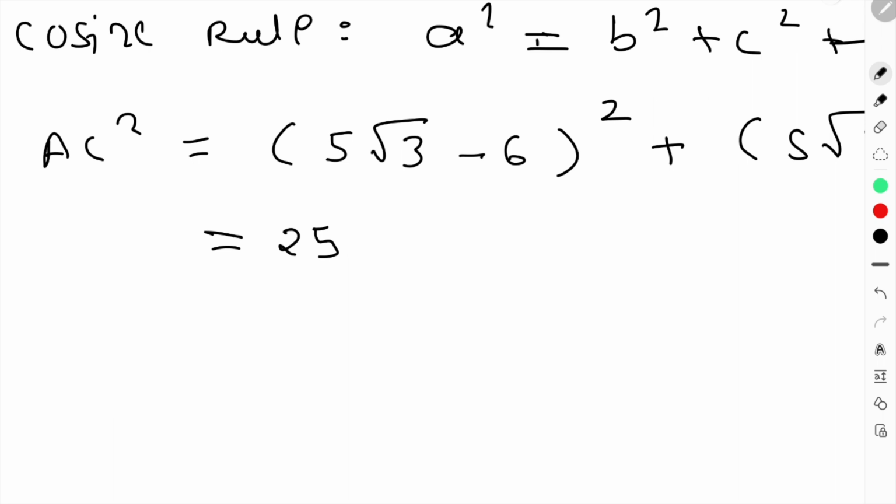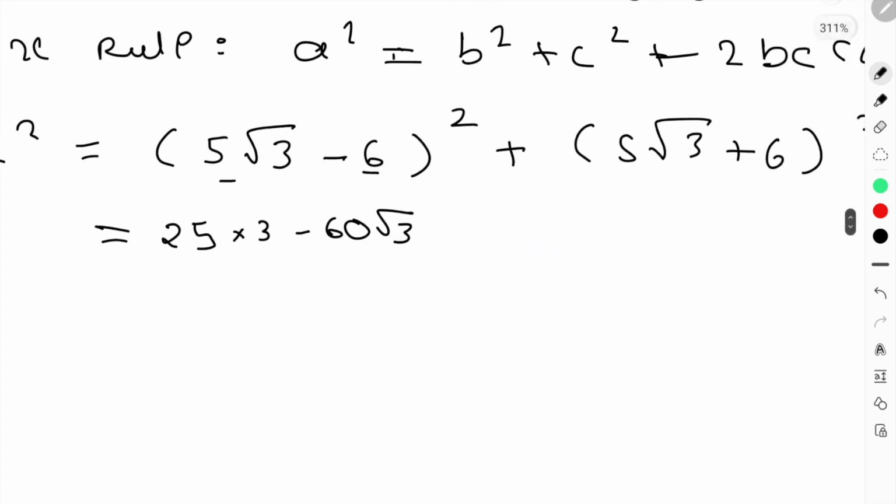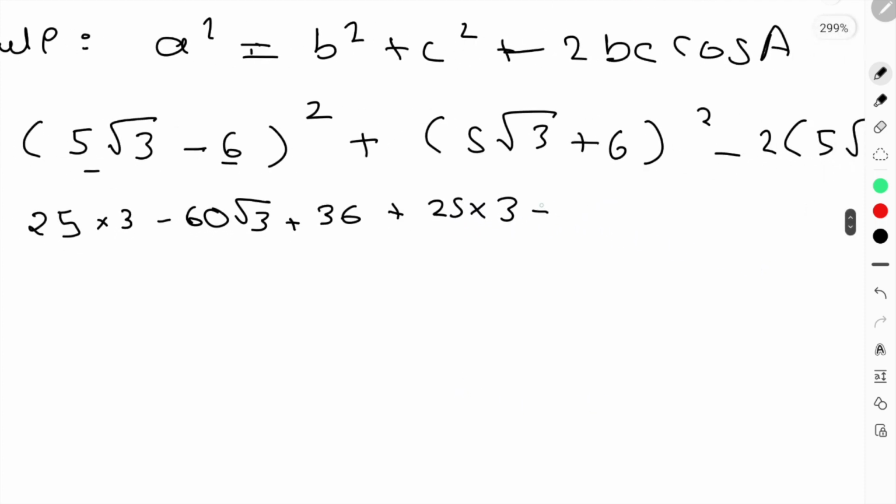And then this squared is going to be 25 into 3 minus 2 into this. So that's 30, so it's going to be 60 root 3. And then 6 squared is just 36. This is also going to be 25 into 3, but it's going to be plus 60 root 3 and then plus 36.